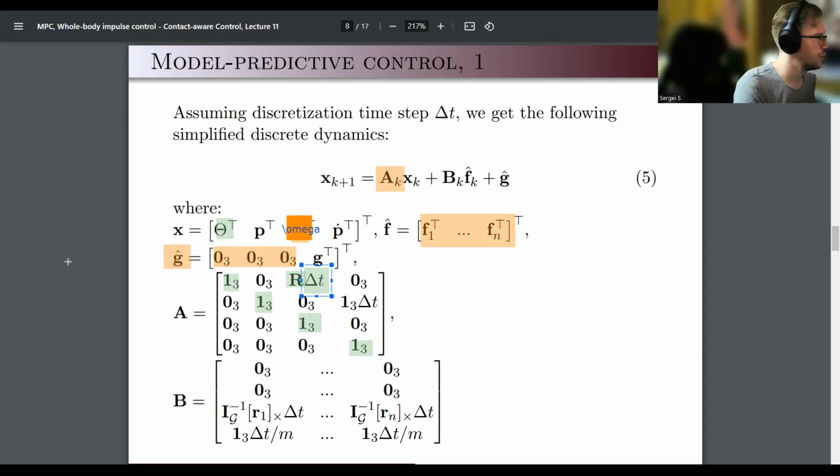So this is how you can read it. Okay, next one. What is next p? Next position of the center of mass is the current position of the center of mass plus velocity of the center of mass times dt.